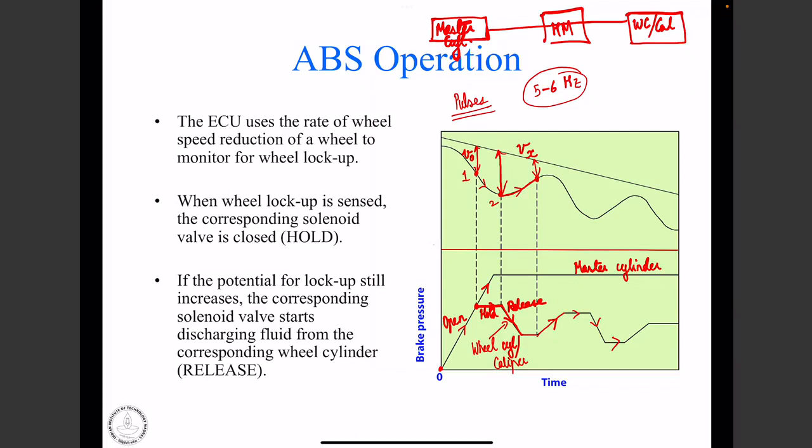That's why we go to the limit of the tire road interface, and why the chances of stability being lost during combined braking and cornering, or even straight line braking on a low friction surface, become very important, and we need active safety systems like ABS to help us under those emergency situations. So this is what I wanted to share as far as ABS is concerned.